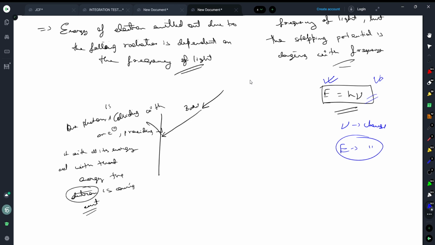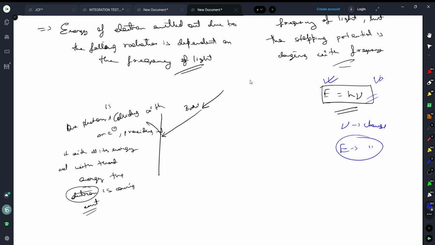That can only happen if light is acting as a particle. Is it clear? If it were a wave, the energy of the light would have been a function of its intensity, but it is a function of its frequency, which directly indicates Max Planck's quantum theory, or the particle nature of light.